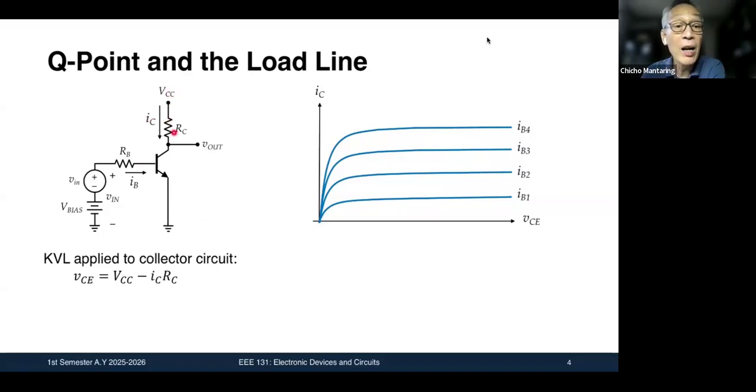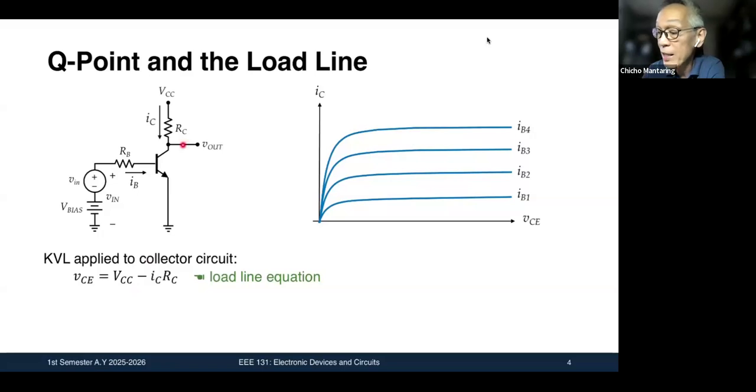VCC minus IC RC is equal to VCE. You might think of it this way: VCC minus VCE is equal to IC times RC. So VCE is equal to VCC minus RC IC. That is what we call our load line equation.